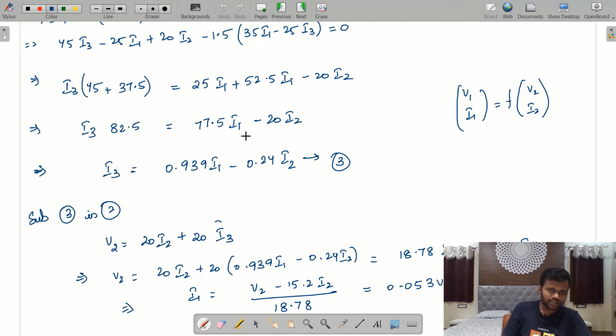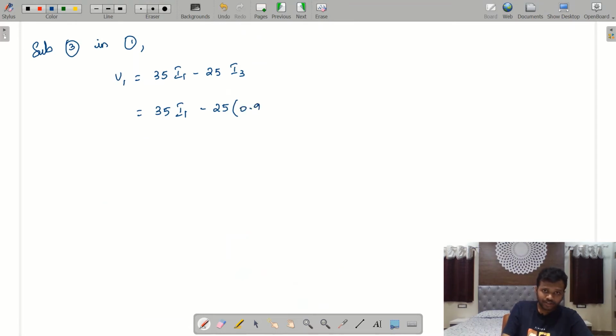We have got I3 as 0.939 I1 minus 0.24 I2. So this will be equal to I1 into 11.525, plus 25 into 0.24, minus into minus gives plus 6 I2.